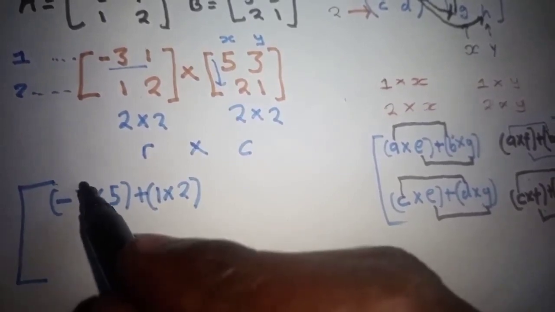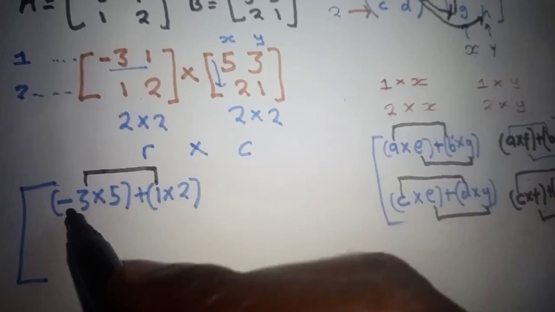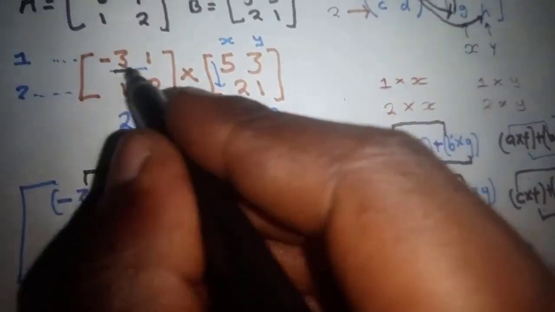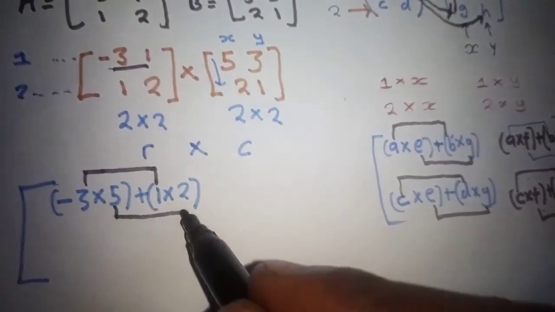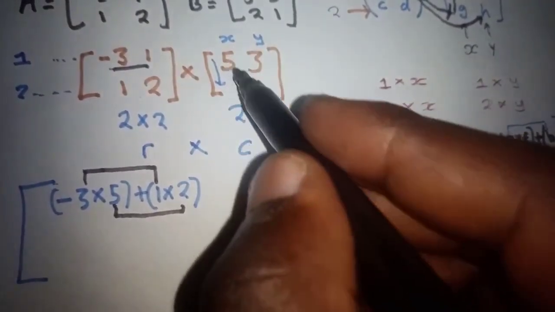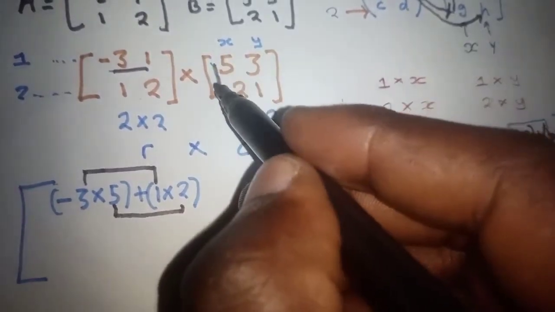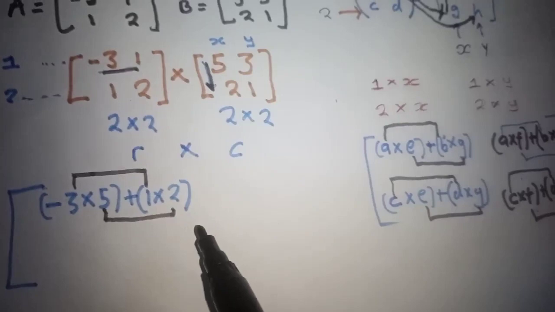When you get this element and this element, negative 3 and 1, it should give you these. Have you seen negative 3 and 1? Then if you check again, 5 and 2 should give you this column, which is the 5 and the 2.